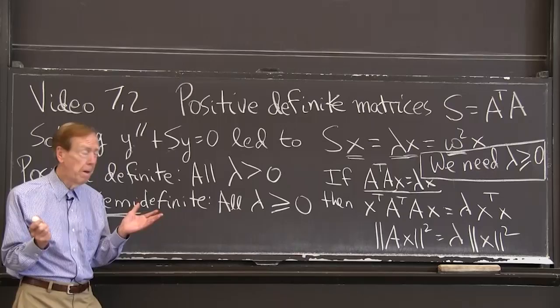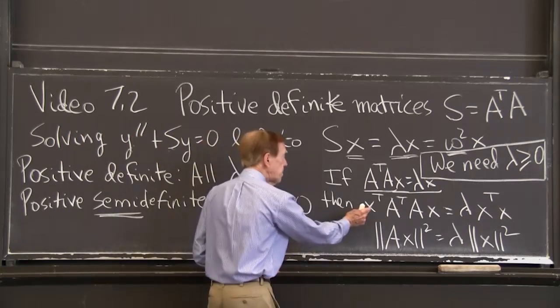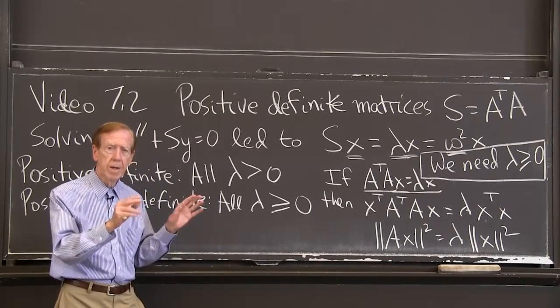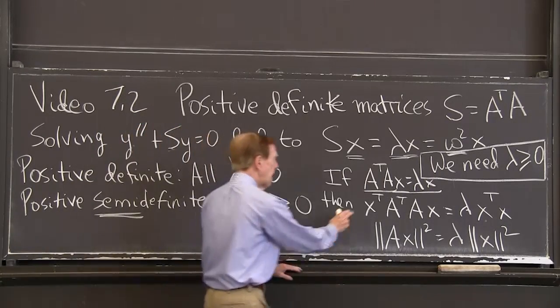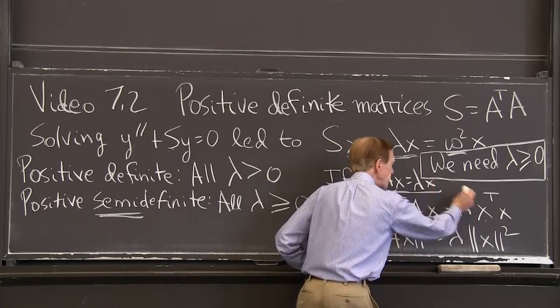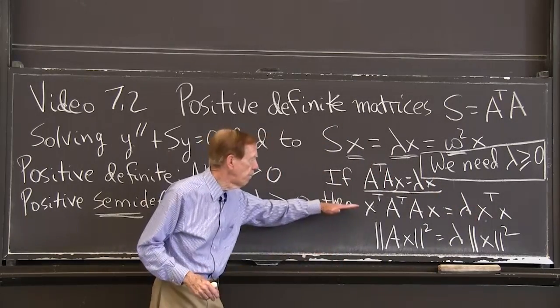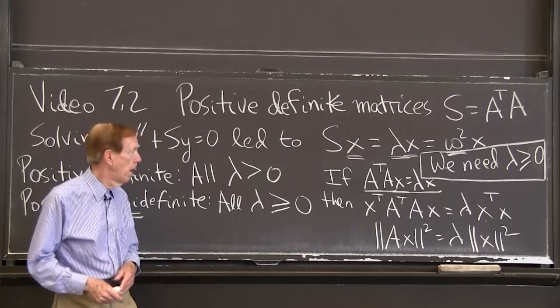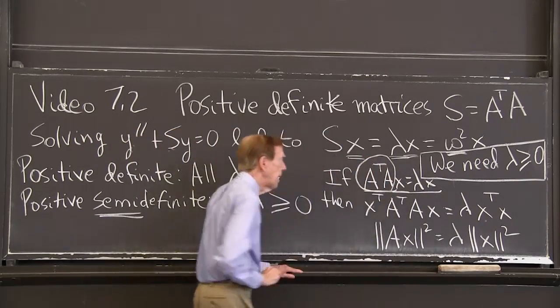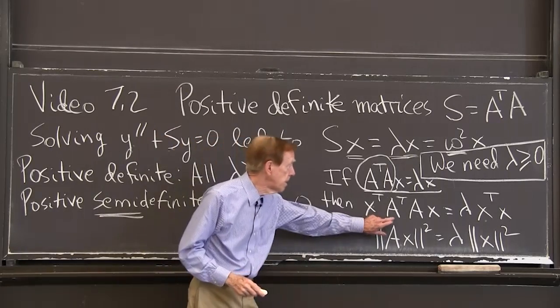The good idea, multiply both sides by x transpose. Take the inner product of both sides with x. Then I have x transpose times the left side is x transpose times the right side. I'm okay with equation 2. When my S is A transpose A, that's my S. Okay, but now I look at this.